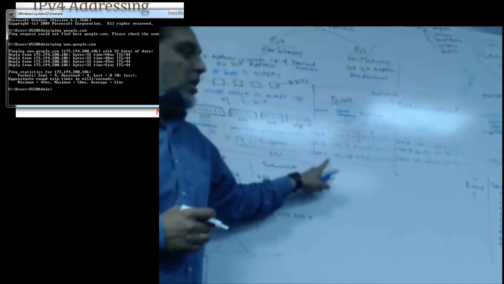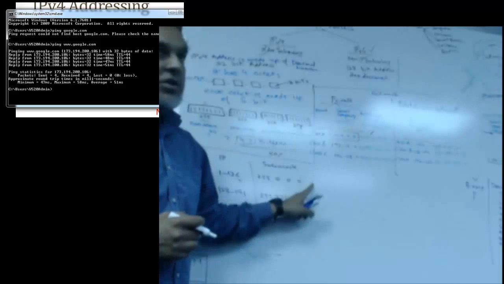Now let's understand what a subnet mask is and why it is there, because we do understand the numbers here, that it is just a classification. Yes, I'm going to explain why.